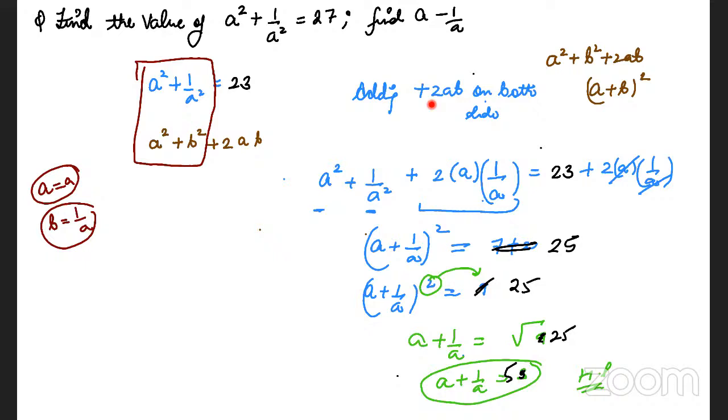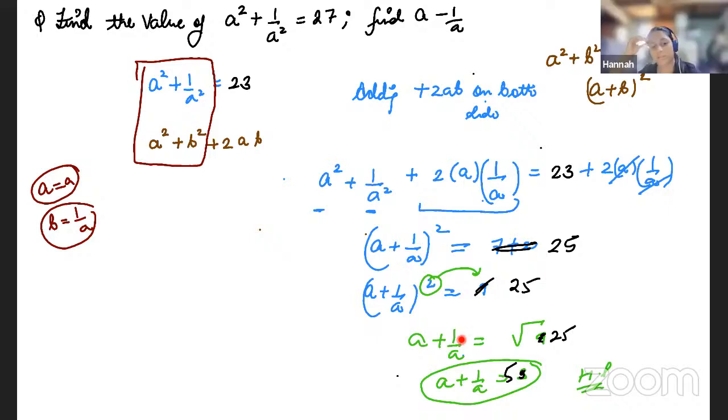Now listen, Joshua. When we are adding plus 2ab, we are getting a plus b whole square. And then we send the square there, so we are getting the value of a plus b. Understood, Joshua? No, you didn't get it. Even Hannah didn't get it. Hannah?